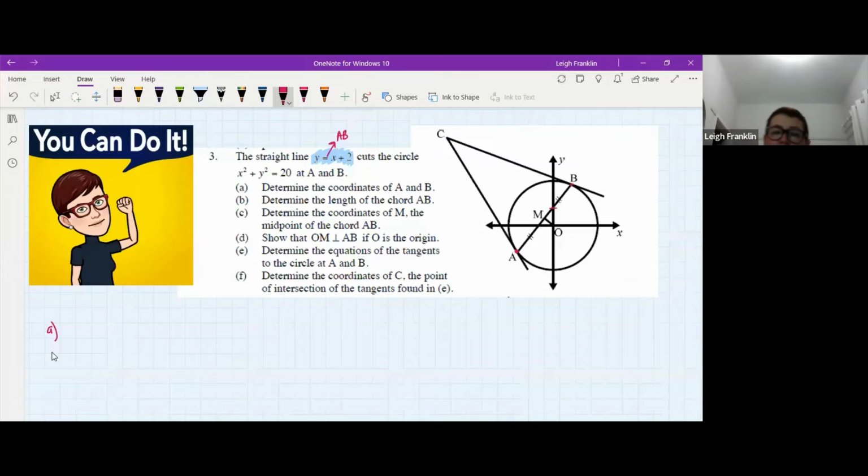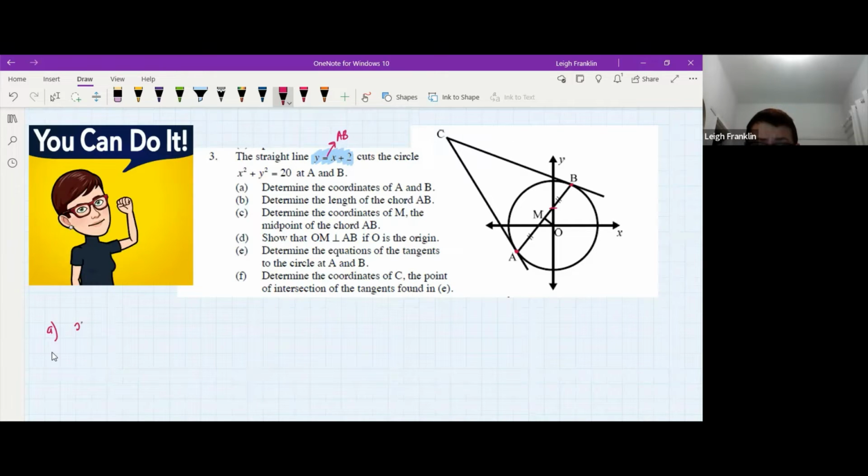So if they ask us to determine the coordinates of the points of intersection, what do we have to do? We have to solve simultaneously. So we're going to take what y is and sub it into our circle and solve simultaneously.